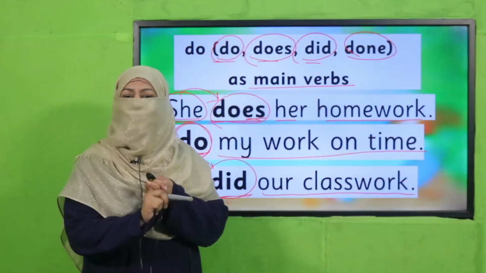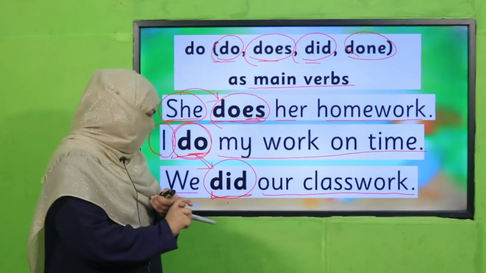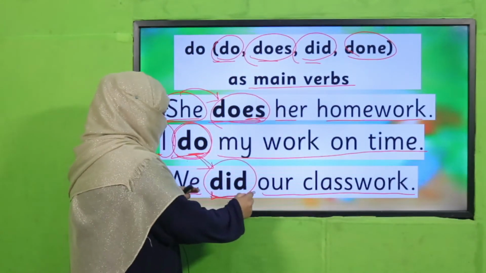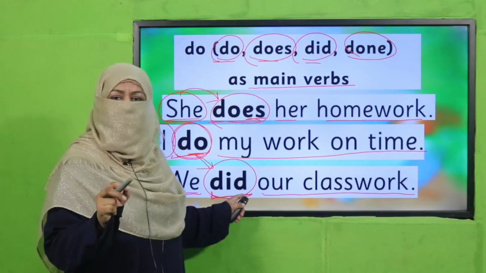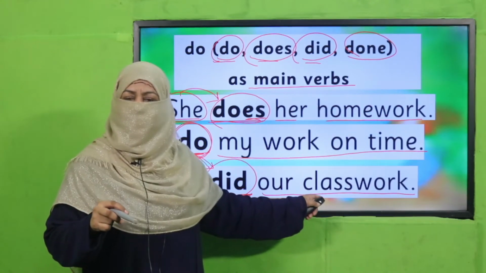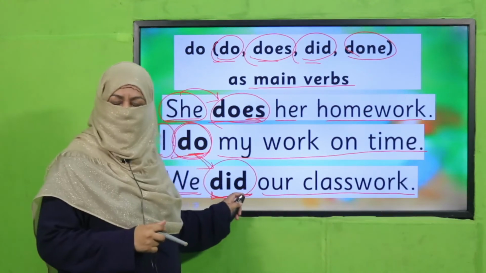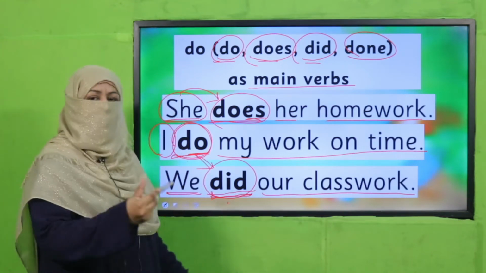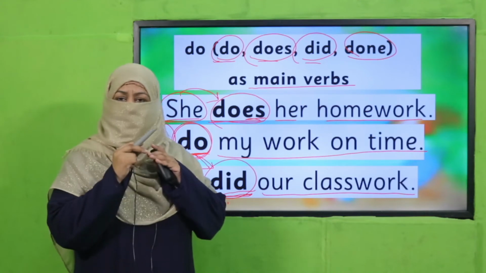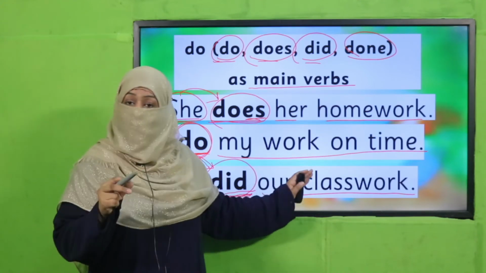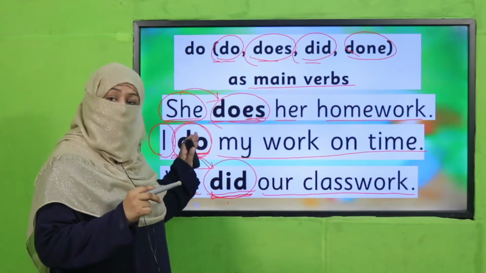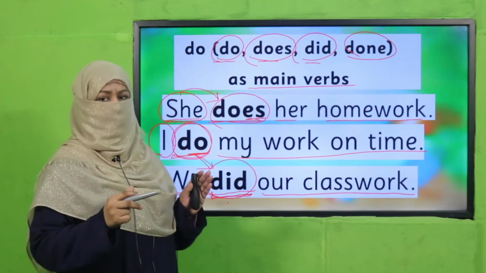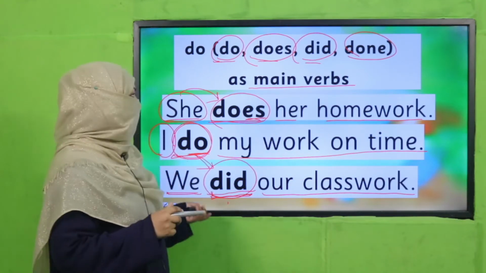Only in simple past tense we use the second form of verb. So we did, it means the time when we completed our classwork has gone. It's the past form. So do for present form and did for past form, as do and did as main verbs. Are you getting it? All right.